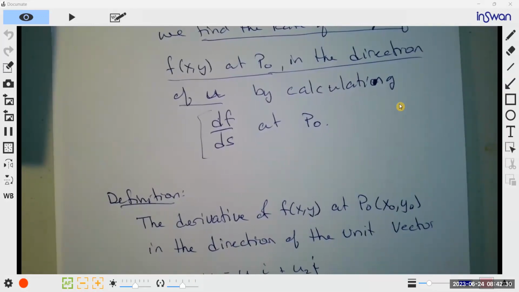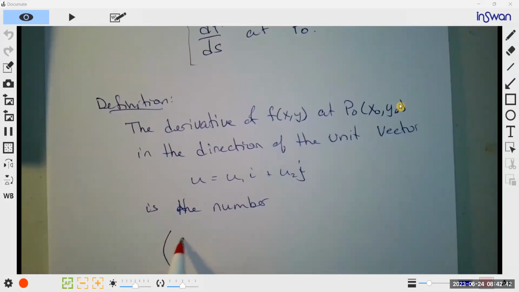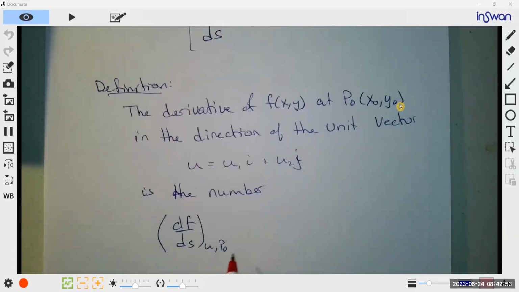The derivative is the number df over ds at p sub 0 in the direction of u.